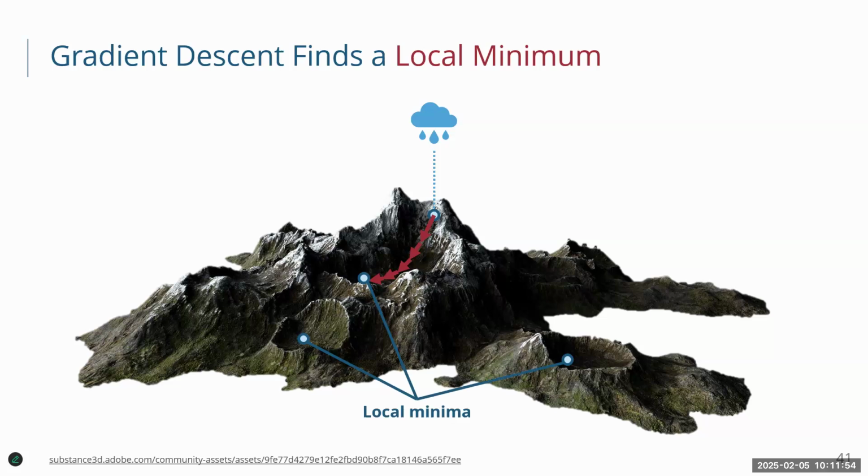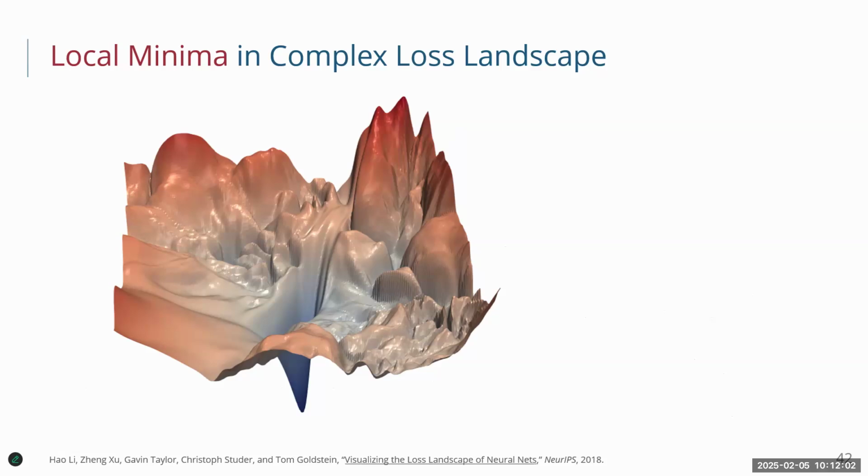Anyway, there are several local minima, but what we want to get is the global one. Usually this is what we have in a neural network. What we are training is something like this. That neural network is complex. There are multiple layers. There are different connections. So what we are actually optimizing is something like this.